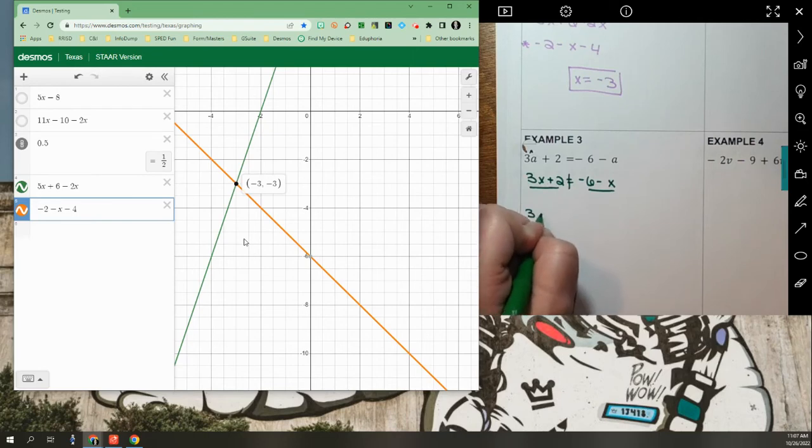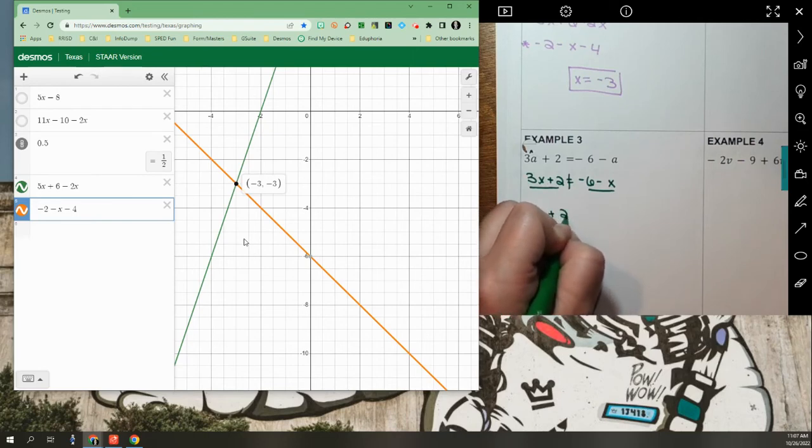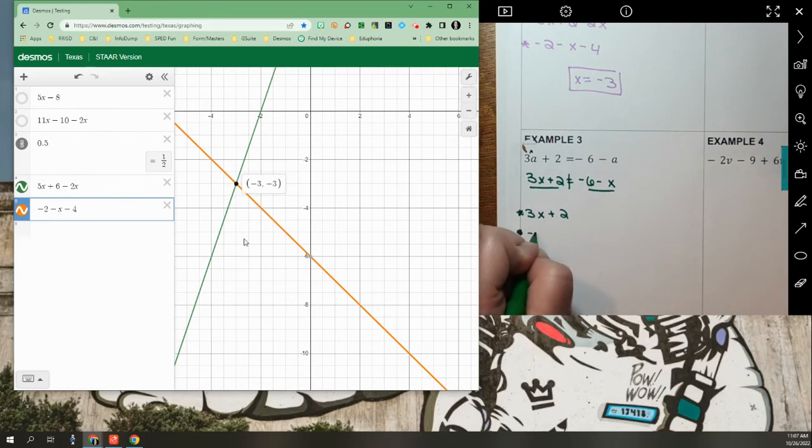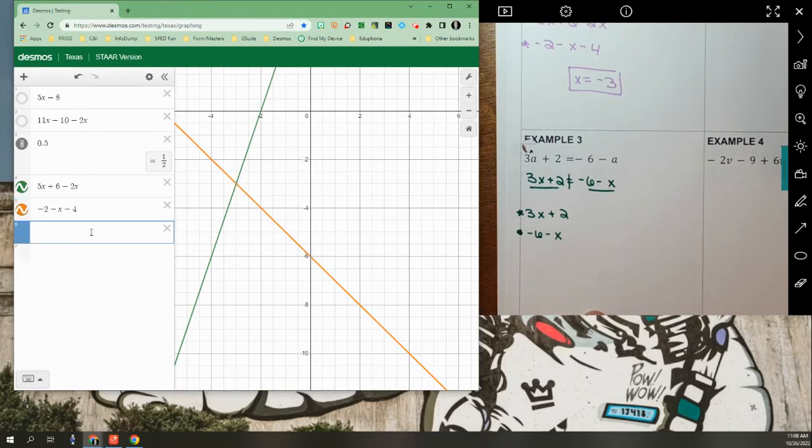So I have 3x plus 2 on one side, and the other side is negative 6 minus x. So I've got 3x, I'm sorry, not minus 2, plus 2. And negative 6 minus x.